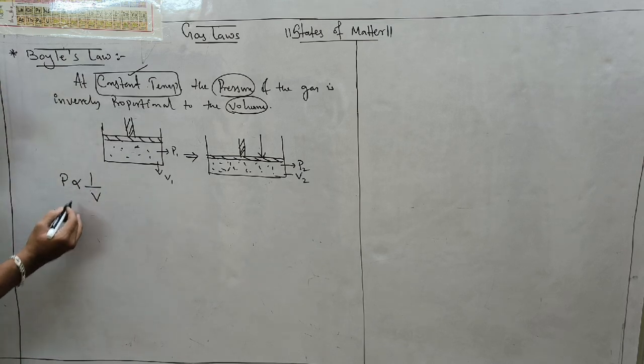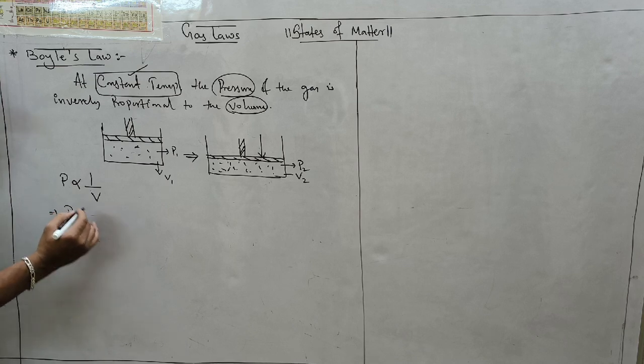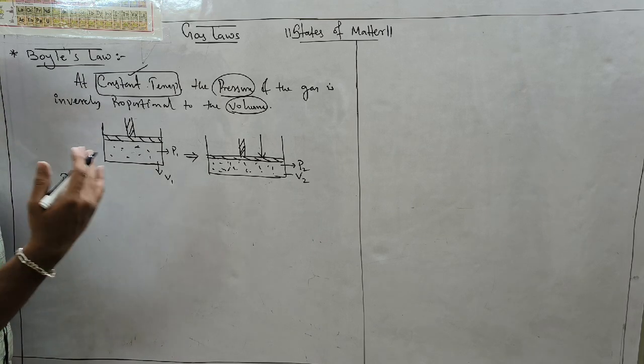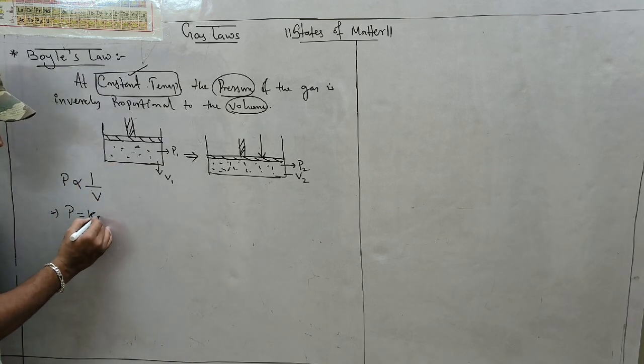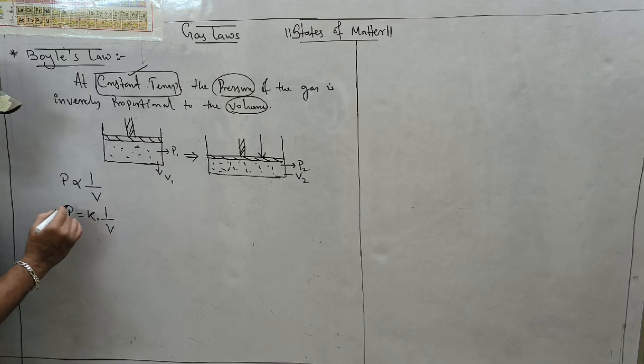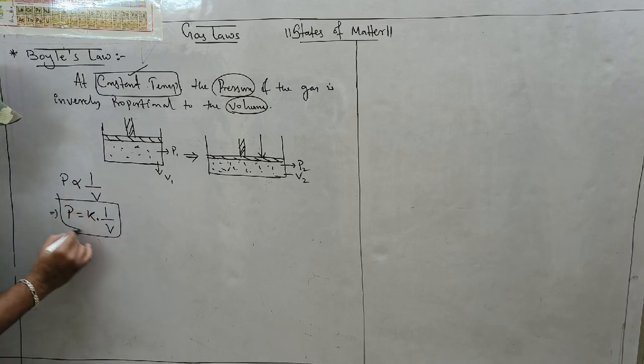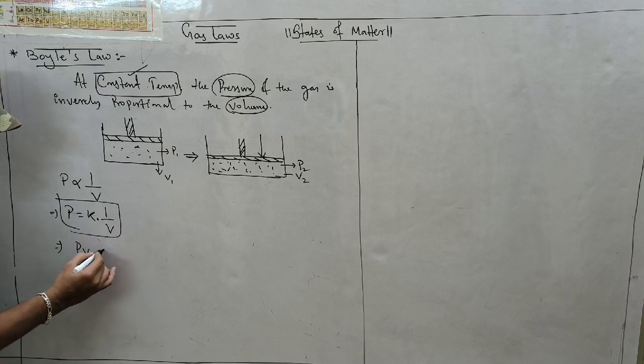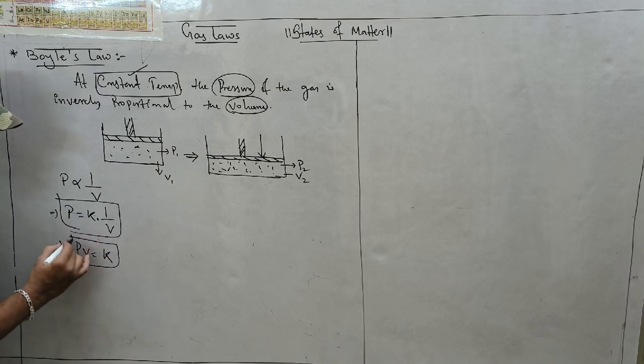To remove the proportionality symbol and make it an equality, we have to multiply by a constant. Let's take this constant as K, so P = K times 1/V. Both values are very important. So we can write PV equals constant.